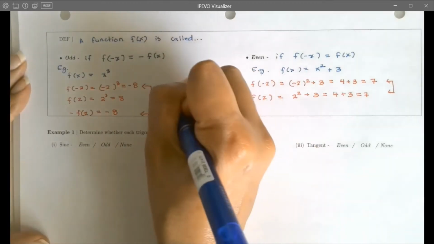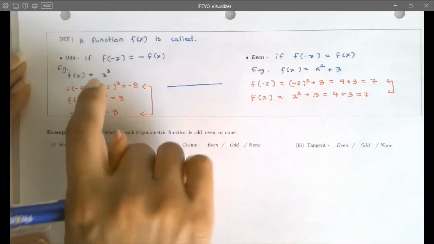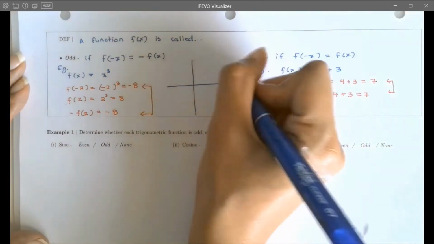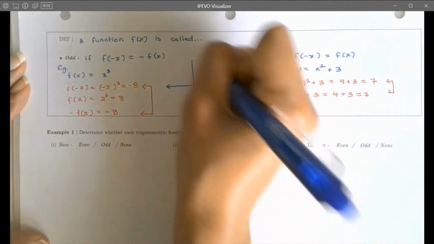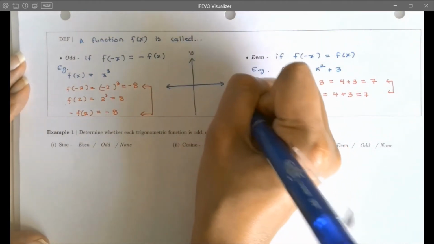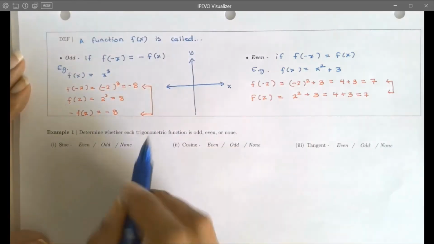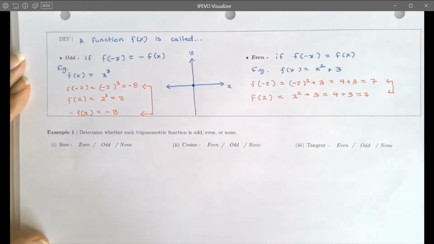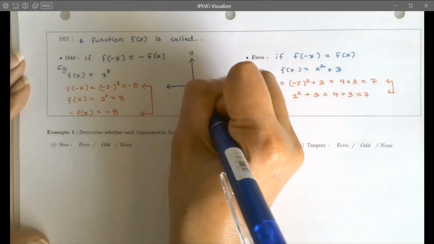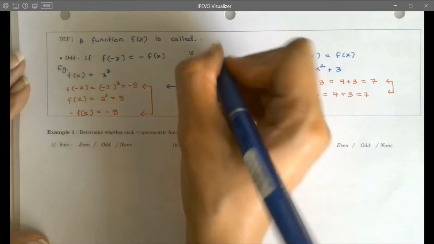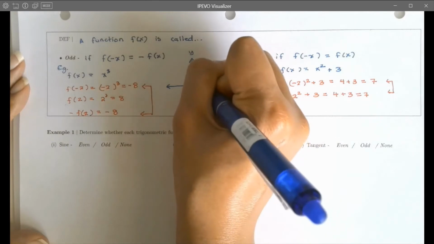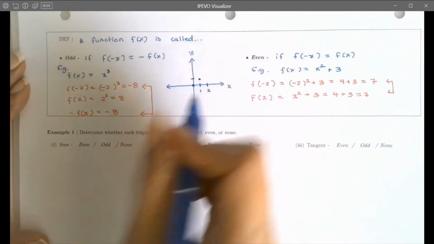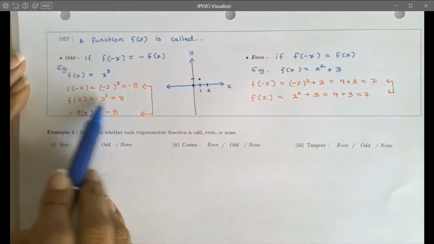Graphically, what that means, if I were to graph x cubed, and I'll do it here, it won't be perfect, just so that we can get a rough idea of the behavior. If we plug in a 0, we'll get 0. So there's a point at 0, 0. If we plug in a 1, then we're going to get 1 cubed, which is 1. If I plug in a 2, we already saw that that gives us 8.